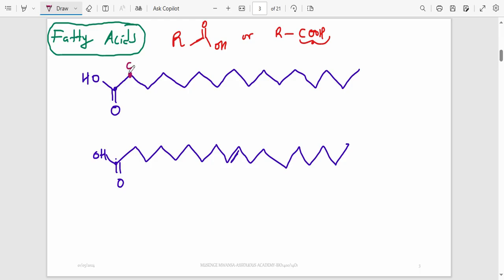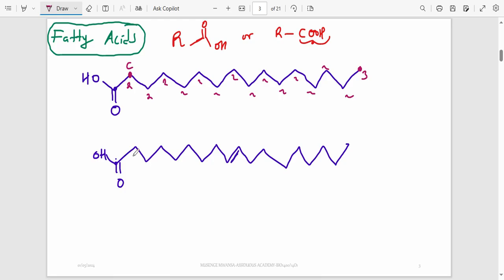Carbon is supposed to have four bonds, meaning that this carbon has got two hydrogens. This one has two hydrogens, this one also two, two, two, just like that. But the carbon at the end is only having one bond, so it needs three hydrogens.